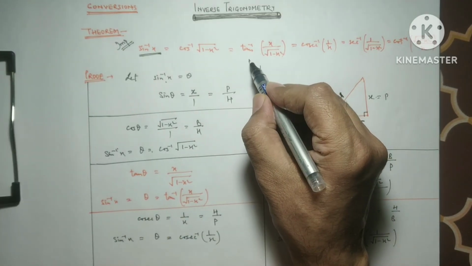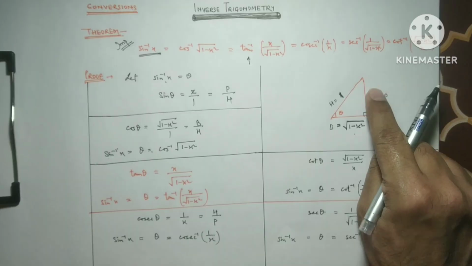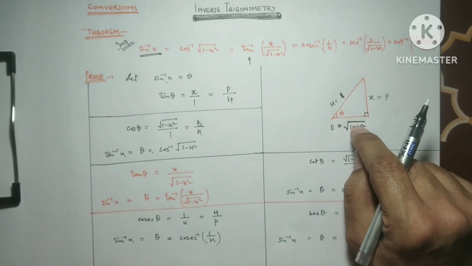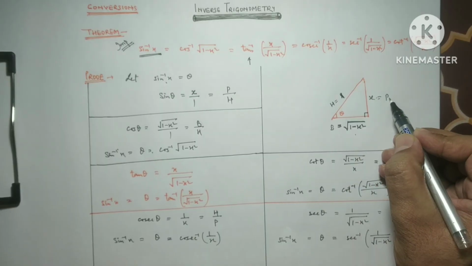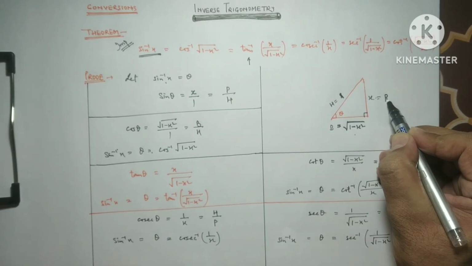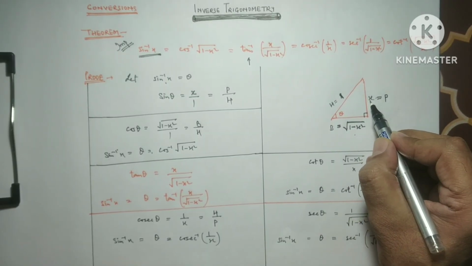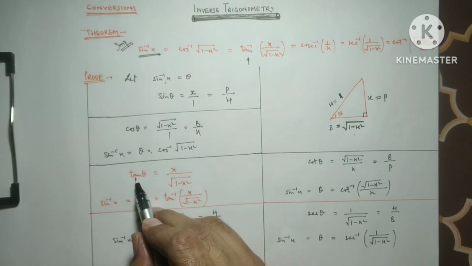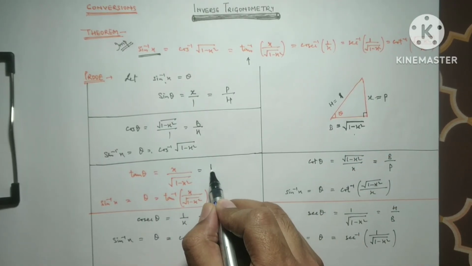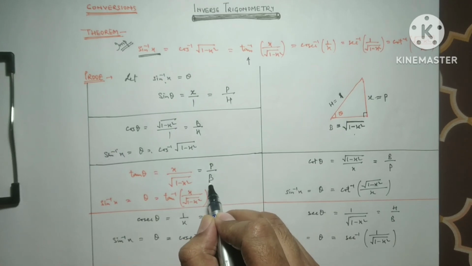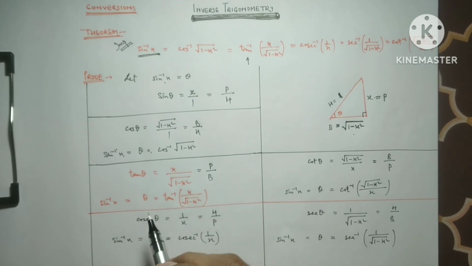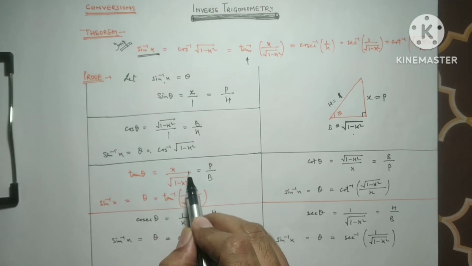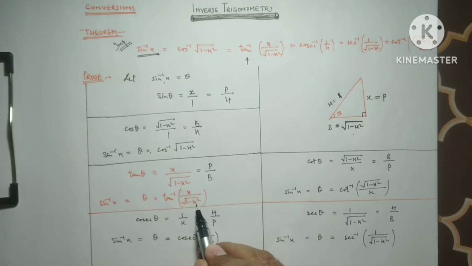So this is the conversion of sine inverse to cos inverse. Again we go for tan inverse. So by this triangular information we will collect the tan theta. Tan theta is perpendicular over base, and perpendicular is x and base is under root 1 minus x square. It means theta equals to tan inverse of this, x over under root 1 minus x square.